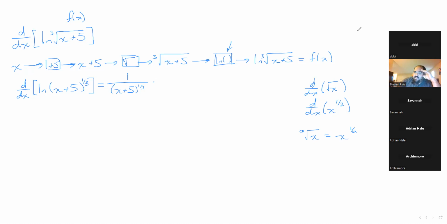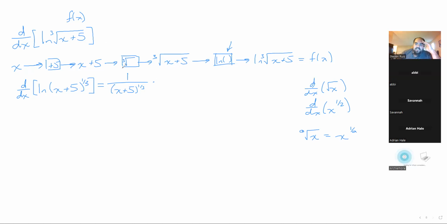Now the next thing is I have to take the derivative of the next one. So that's going to be 1/3 times something to the negative 2/3 power. Are we okay with where that came from?